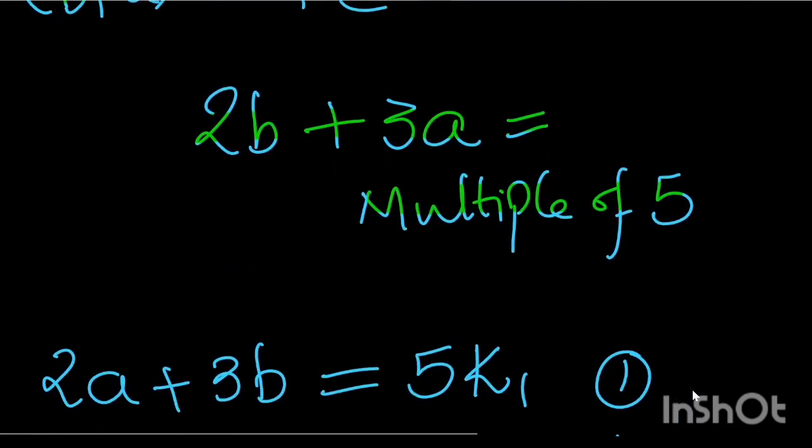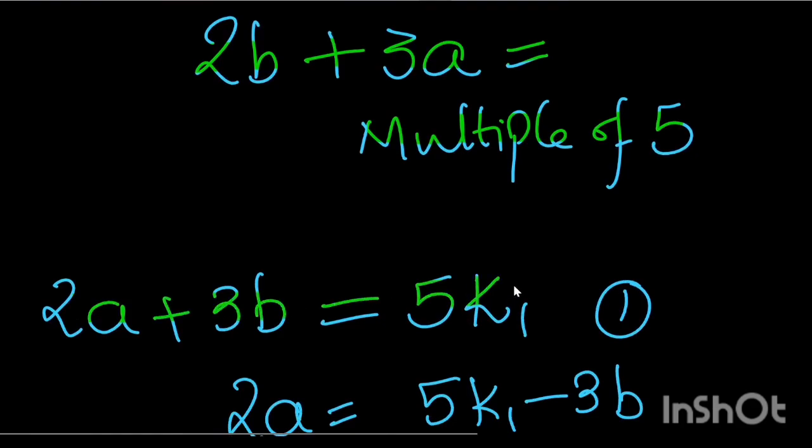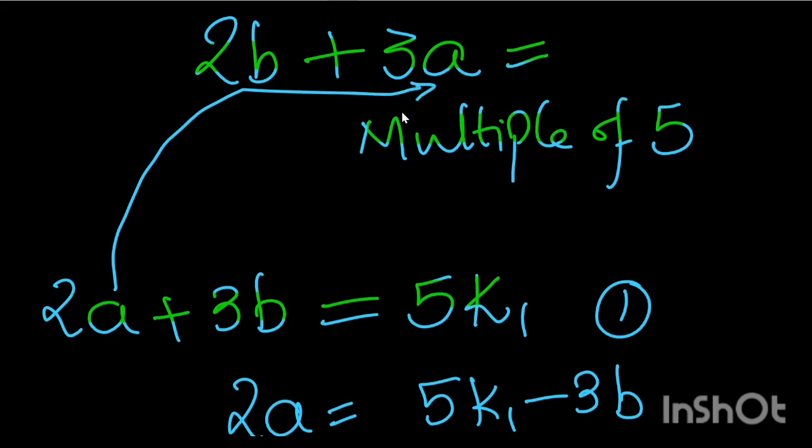So what we will do, we will assume 2a plus 3b as 5k1 and get the value of a from this, substitute it here, and try to prove this whole expression to be a multiple of 5. That would be our approach.